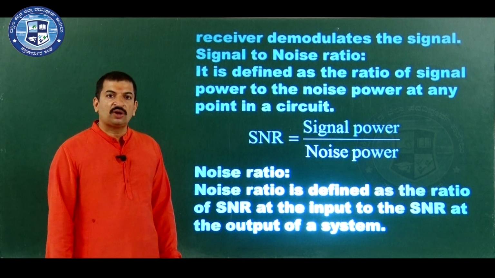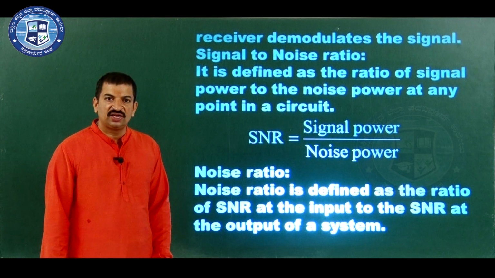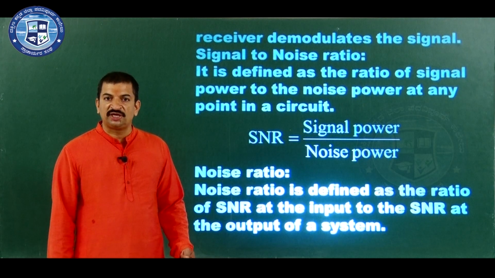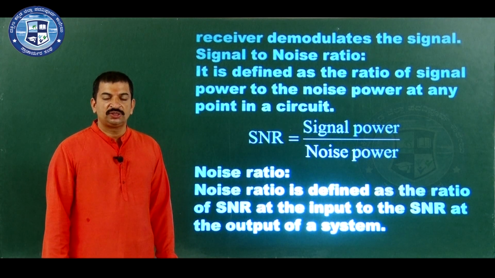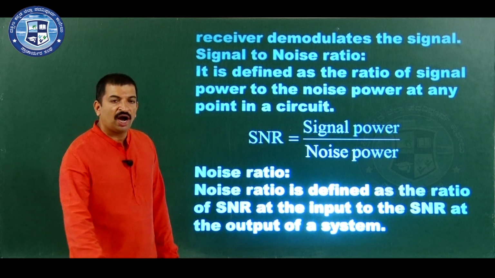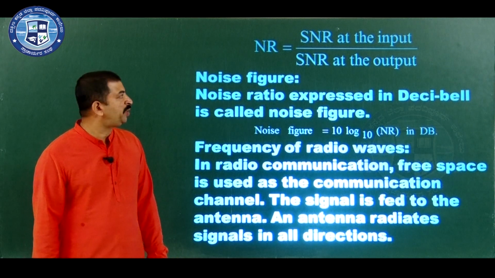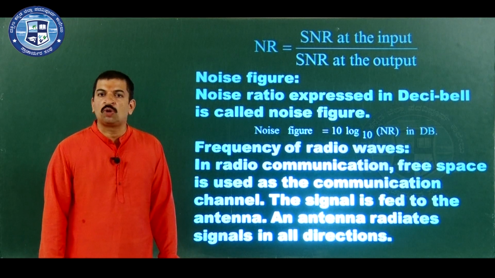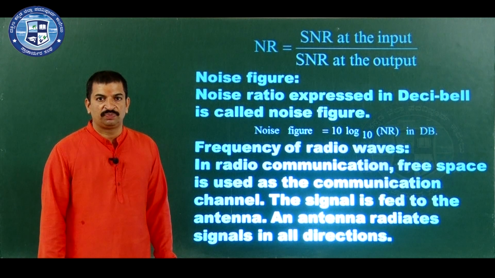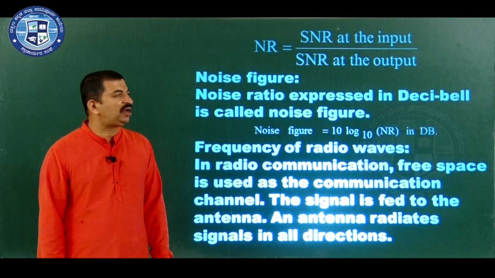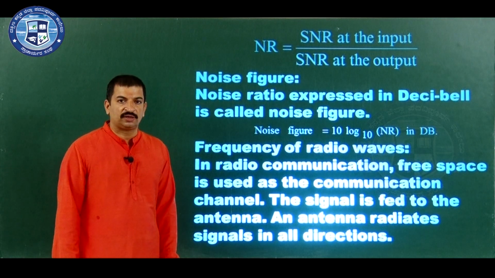That is, signal to noise ratio at the input divided by signal to noise ratio at the output is called the noise ratio. Now, the noise ratio is often expressed in decibel and is called the noise figure.